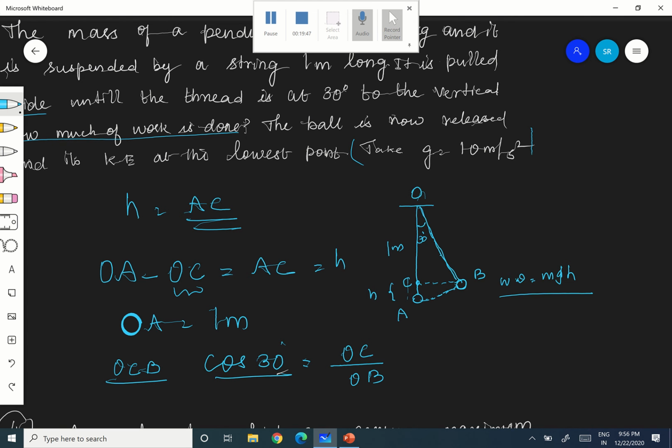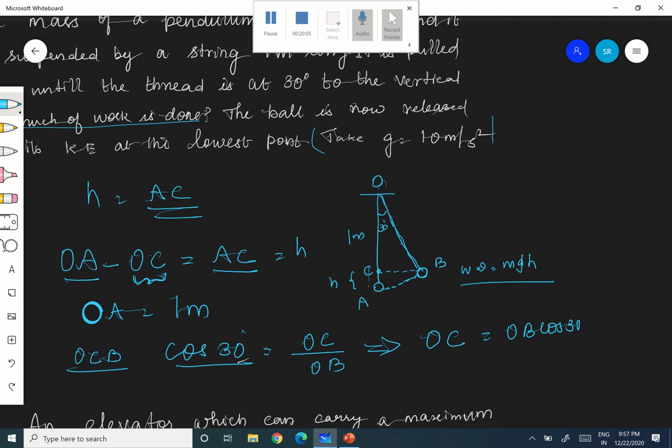That is OC divided by OB. Now what I want is OC only, which implies, if I know OC, I can find out AC, because I already know OA. OC is equal to OB cos 30.